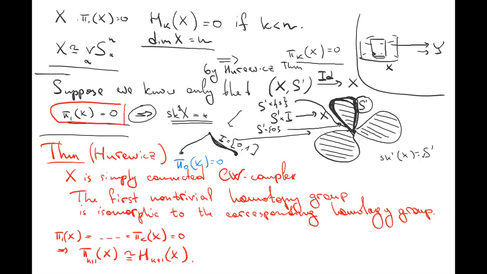So I don't claim that if I take the quotient by this S1, the space that I obtain will be homotopy equivalent to X. I claim that I can contract this S1, but not take the quotient by it.